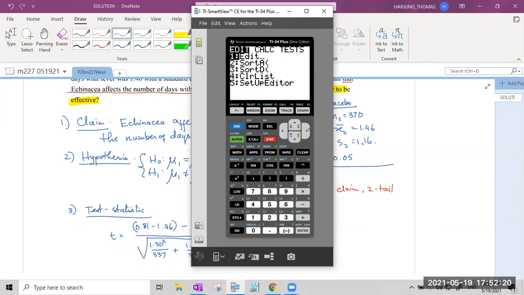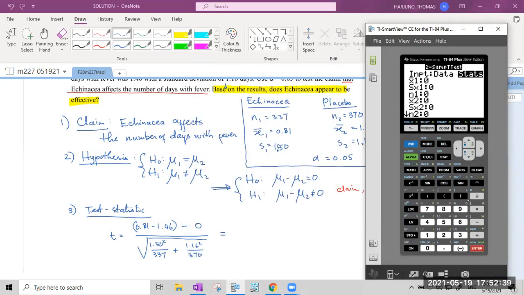So stats, test, this is a 2-sample t-test. Right? So you need to know what to use if you use a calculator. Now I will input the statistics. The x1 bar is 0.81. The sample standard deviation for the first group is 1.5. Sample size 337.